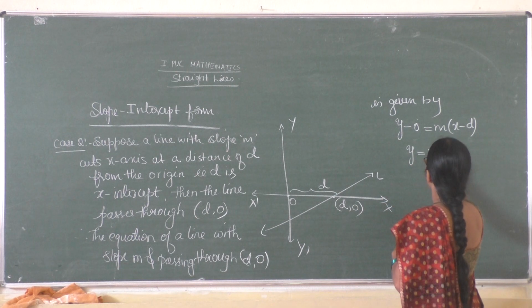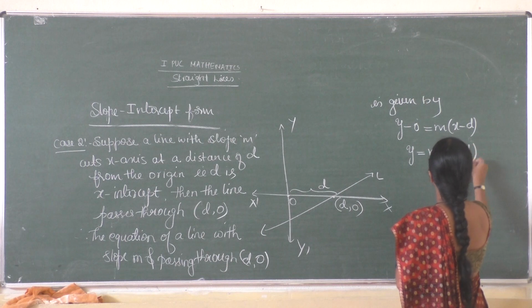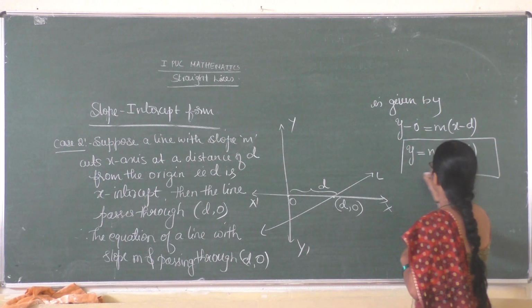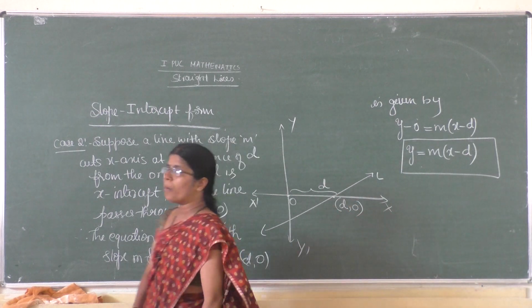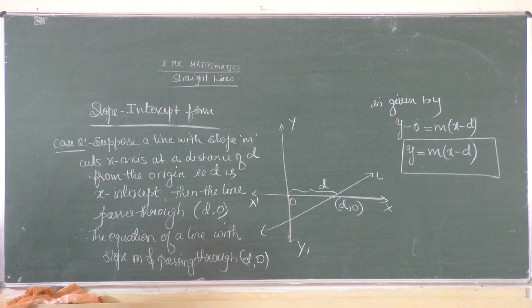So this is y is equal to m into x minus d. So this is the equation of the straight line when slope and x-intercept are given. So this is how we take the equation.